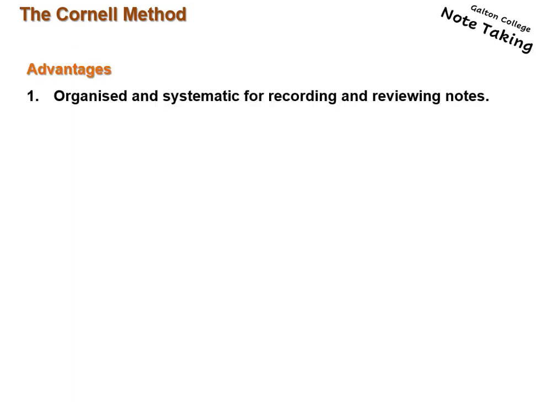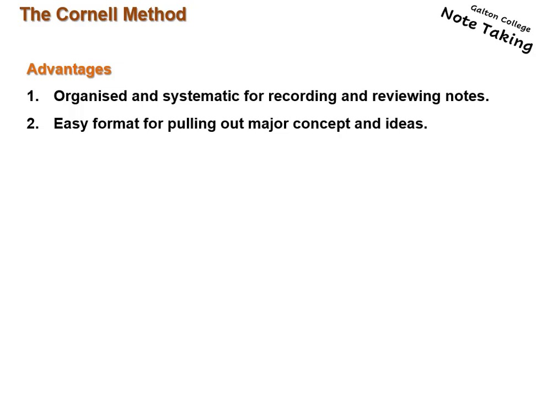What are the advantages of the Cornell system? Well, it's organized and systematic for recording and reviewing notes. It's got everything on one piece of paper. It's an easy format for pulling out major concepts and ideas. You've summarized it all in the cue points on the left-hand side of the sheet.